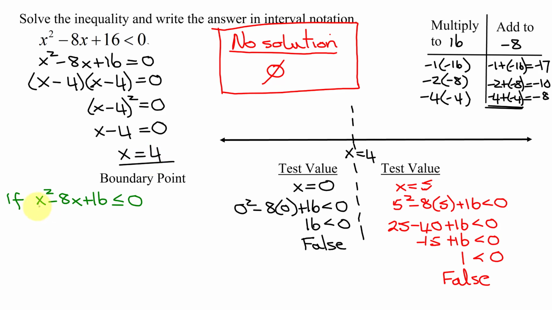So the solution to this inequality here would just contain one point, the boundary point, and the way we write that in interval notation is we put the 4 in braces. So if I change the inequality to less than or equal to 0, the solution would just contain one point, the number 4.